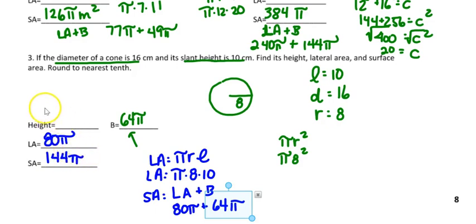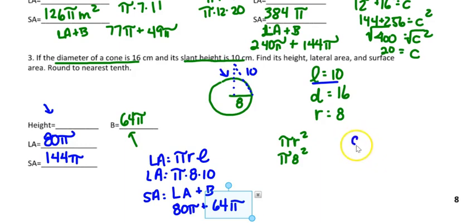But they're not letting us get off that easy. We do need to find the height, and we do need to do that by using that triangle of the cone. So we know the slant height is 10. We know the radius is 8. So we're just going to find the missing leg to get the height of the cone.